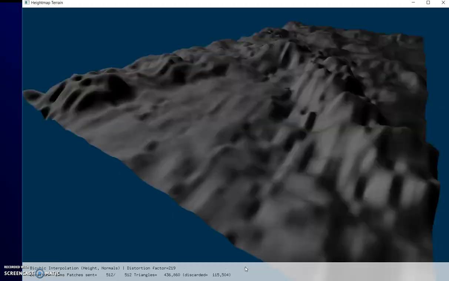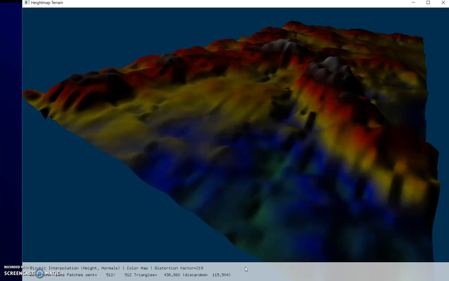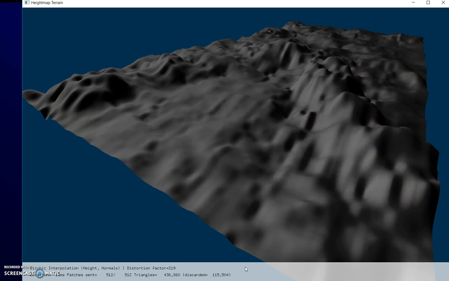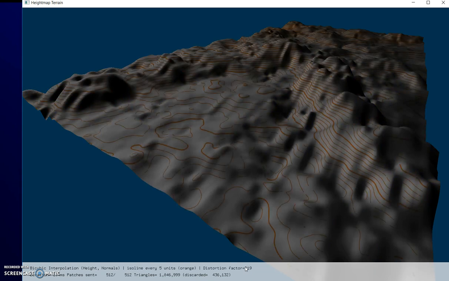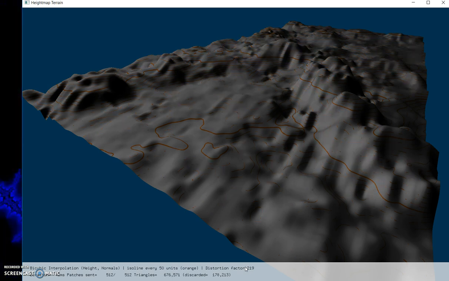Perfect. And then we have a coloring function using a color map. And we have also an isoline function drawing lines of constant altitude with different steps.